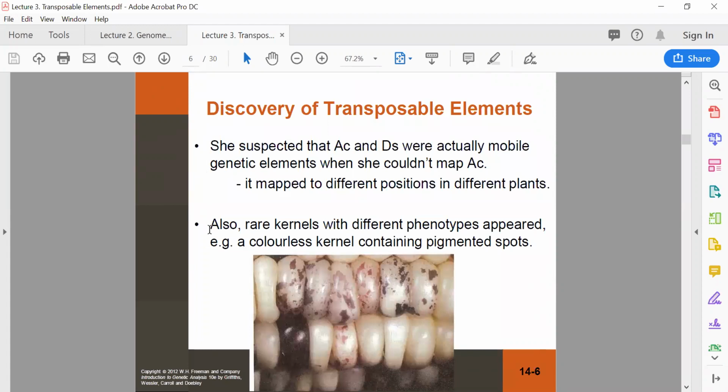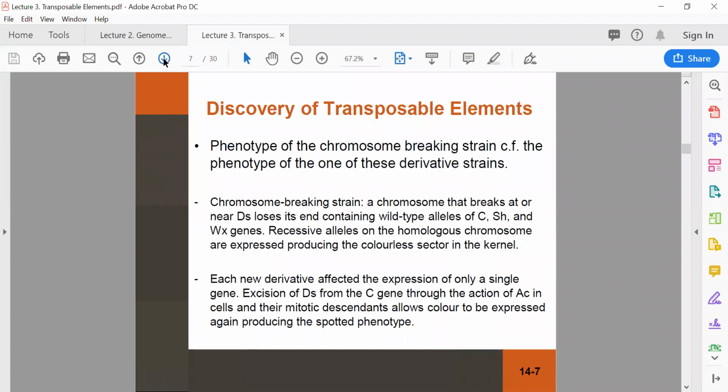Also, she observed there were rare kernels, which you can see pictured here, with different phenotypes that appeared. So one phenotype was a colourless kernel with pigmented spots, as shown here.